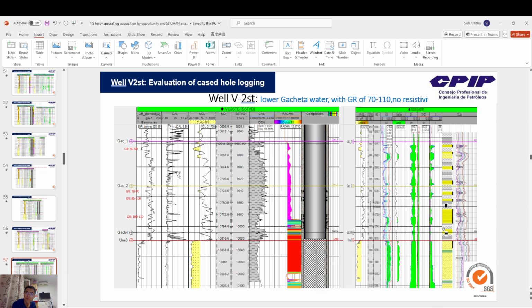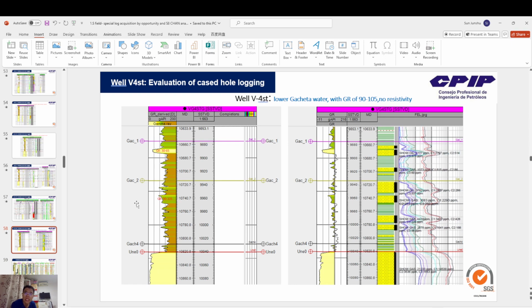In the Gauge 2, the gamma ray ranges from 70 to 110. These tend to be water. We can see the cutoff for net pay 85 of gamma ray.